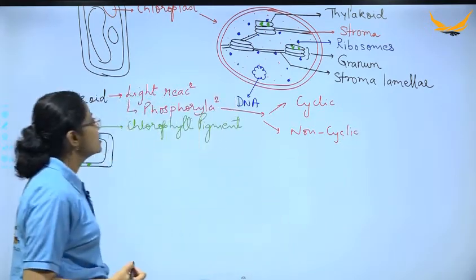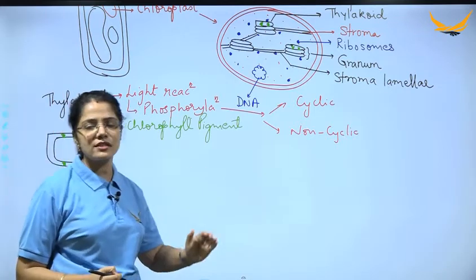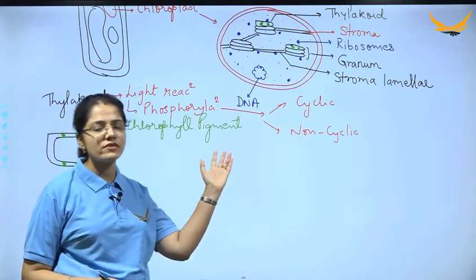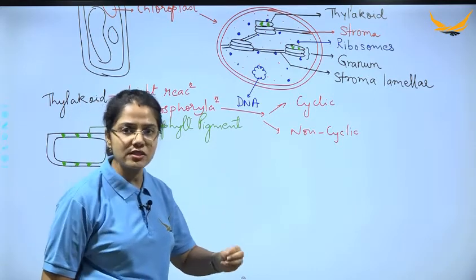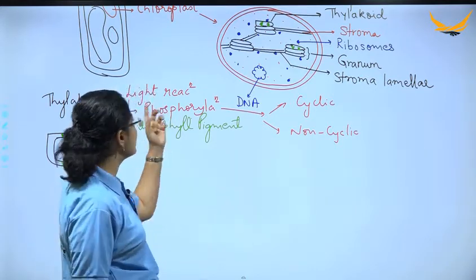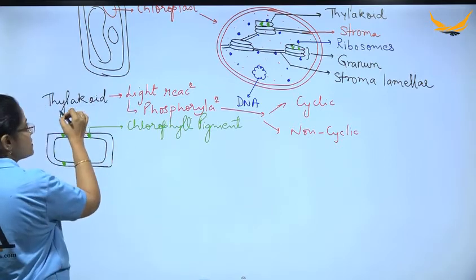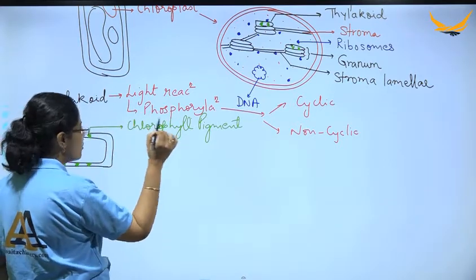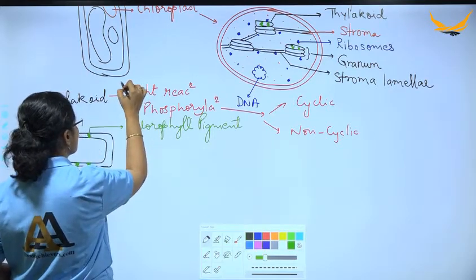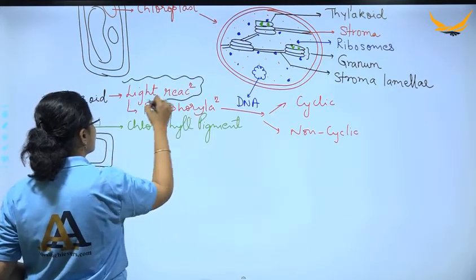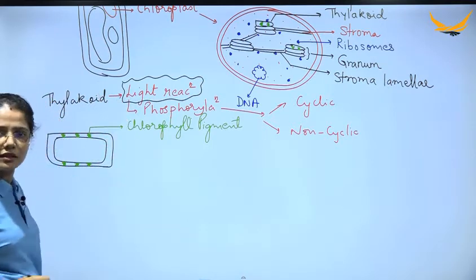Clear? So see children, generally if someone asks you the site of photosynthesis, we say chloroplast, yes. But if particularly light reaction is asked, then we have to say that the light reaction takes place where? In the thylakoid, right? So remember that. ये याद रखना है. क्लियर?